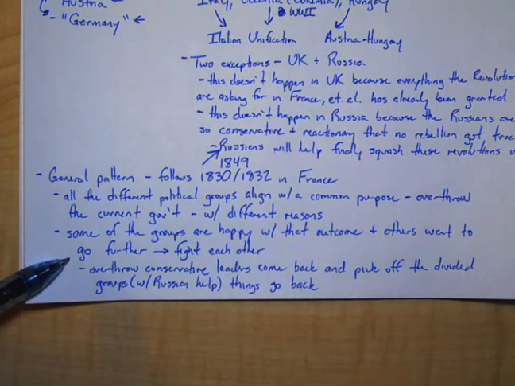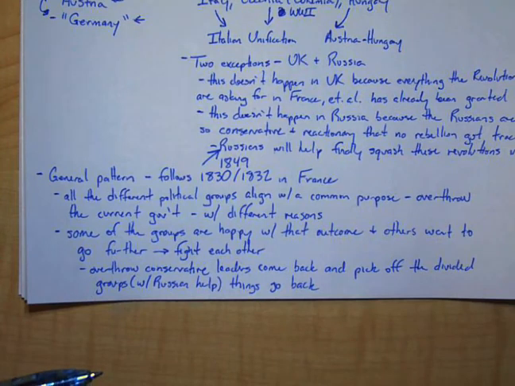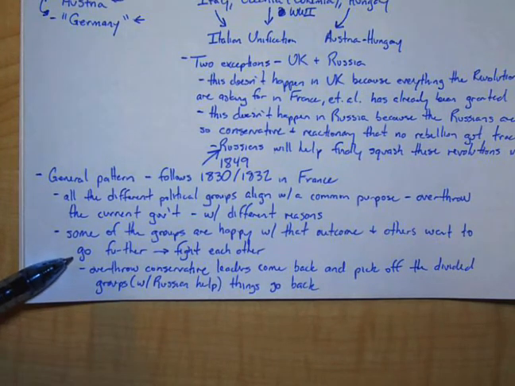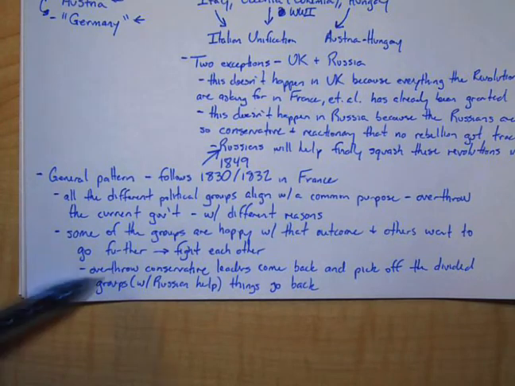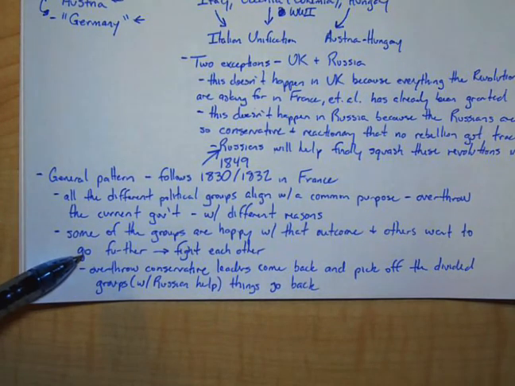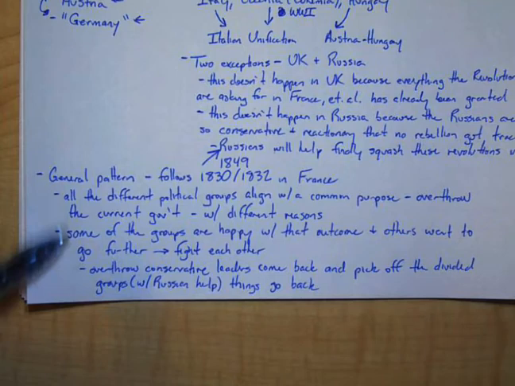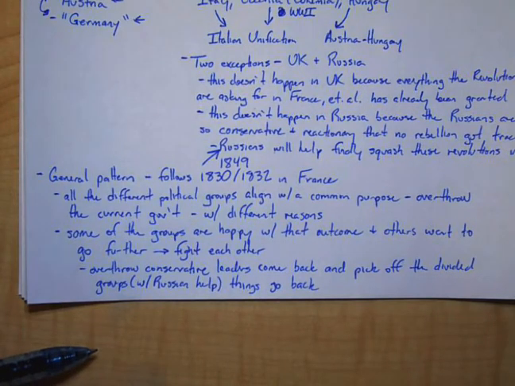But the new king really only worked for the rich people. And so the poor people said that we need to get rid of the current king because he's not helping us. But the rich people were happy with him. And so the next revolution fell apart. And that's the pattern we're going to see throughout 1848 and into 1849.